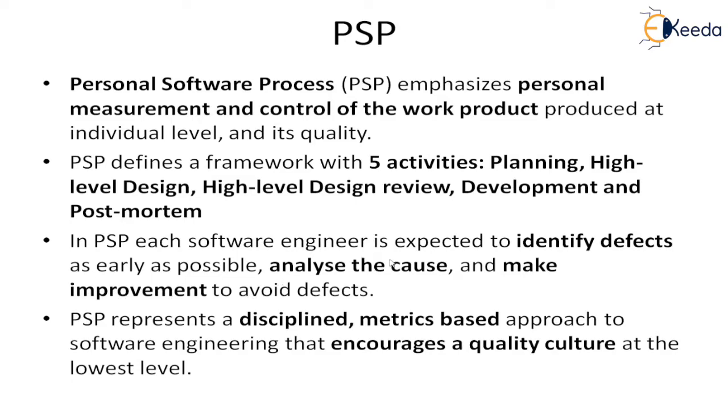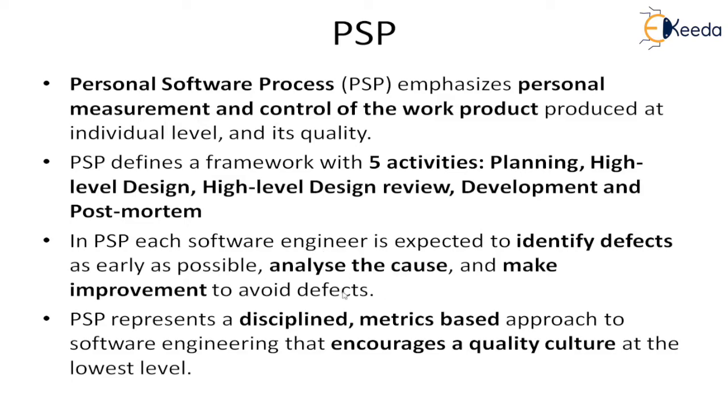In PSP, each software engineer is expected to identify defects. So out of these 5 activities, whichever activity he is concerned with, he will check his own work product and his own work process, and he will try to find out the defects in it. He will analyze the tasks that are given to him, the inputs given to him, and the output that he is producing, and try to find defects that happen over time as and when the activities are going on.